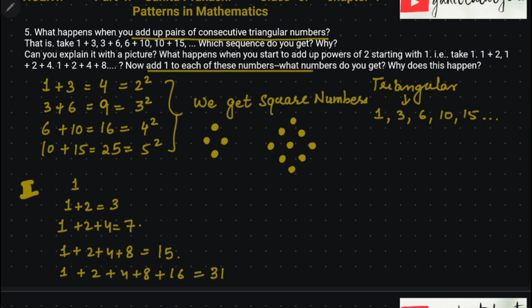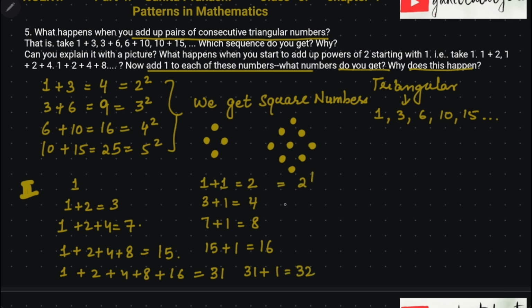Add 1 to each of these numbers. What do you get? Why does this happen? In the first case, 1 plus 1 is equal to 2. Second case, 3 plus 1 is equal to 4. Next, 7 plus 1 is equal to 8. Next, 15 plus 1 is equal to 16. And next, 31 plus 1 is equal to 32. So here we are getting 2 raised to power 1, 2 square is 4, 2 cube is 8, 2 to the 4 is equal to 16, 2 raised to power 5 is 32.